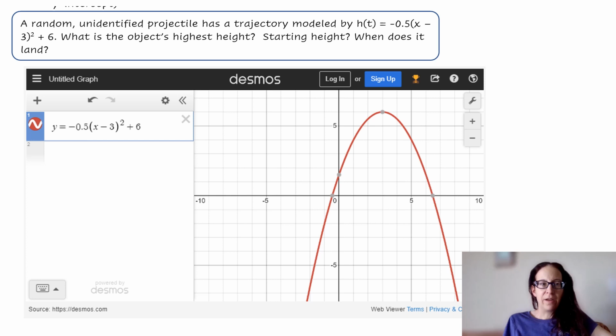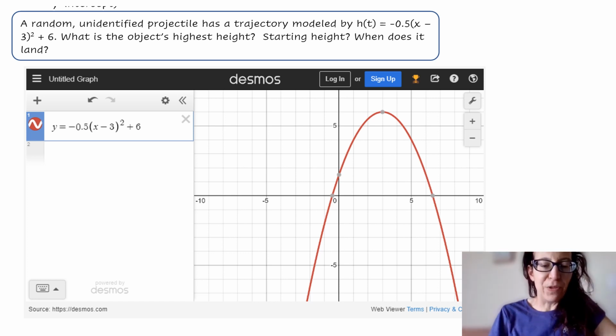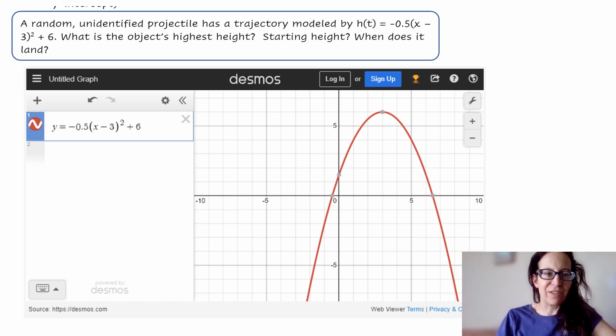Now keep in mind that Desmos will not recognize the H and the T. I swapped the T out for an X. You can use f of x or you can use a y. So we have negative, and this is (x minus 3) all squared plus 6.